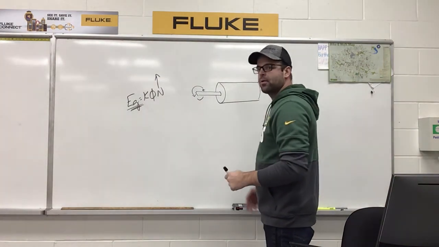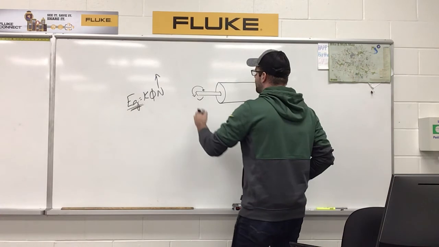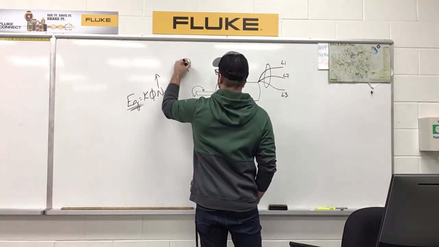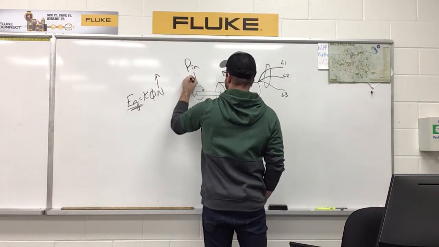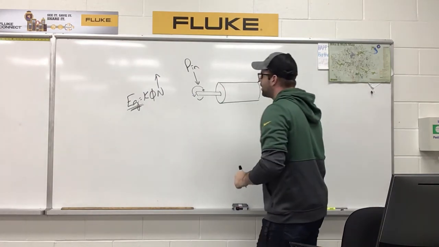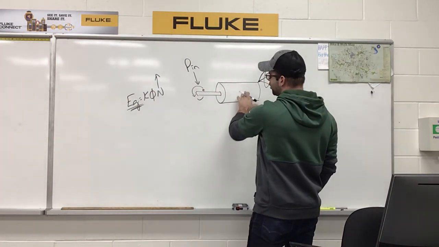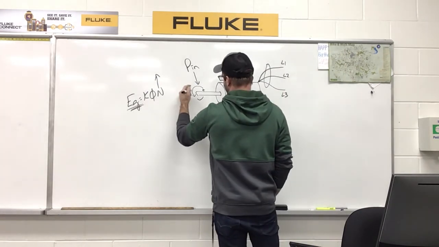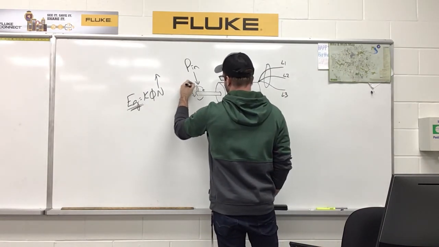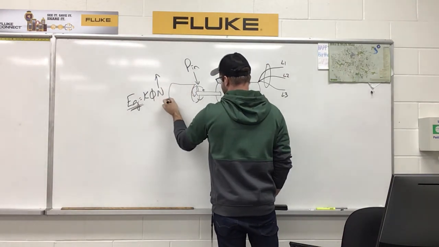Our power in is going to be seen on the shaft. So what's being delivered to the shaft of the alternator from our prime mover. And we could even draw another motor at the side, a little DC motor.